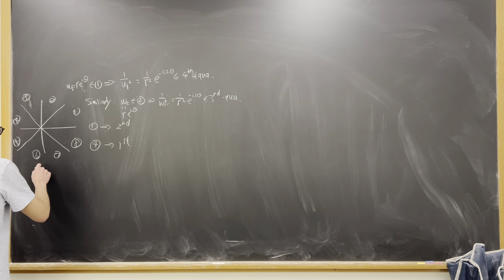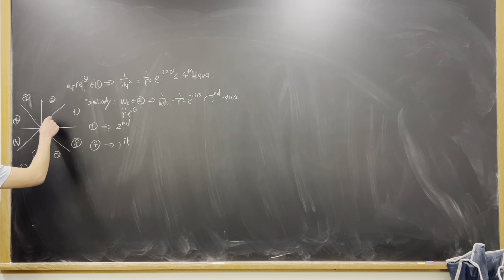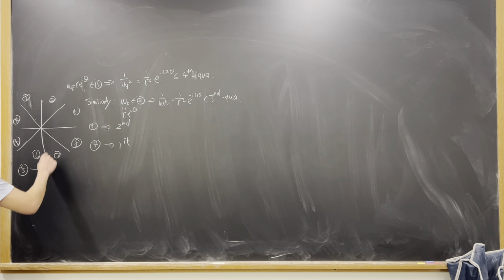Let's see. So for region 5, it goes to, first I square this one, and then double. And then here, same thing, I square. So it also lies in region 4.